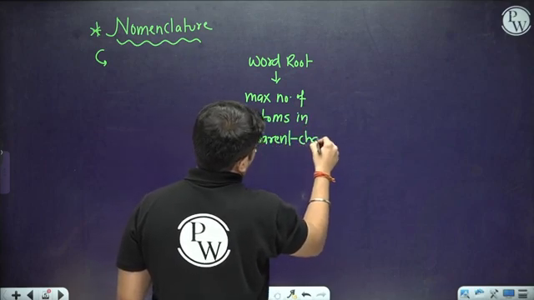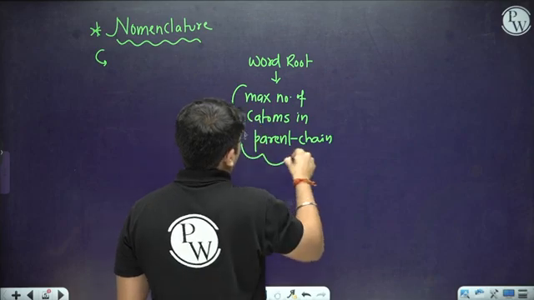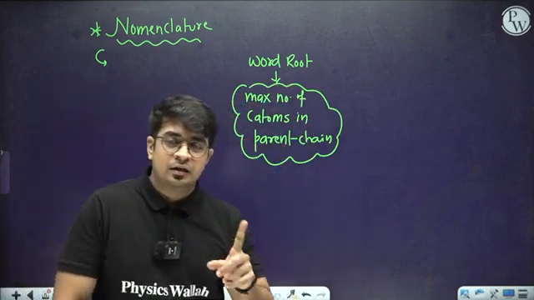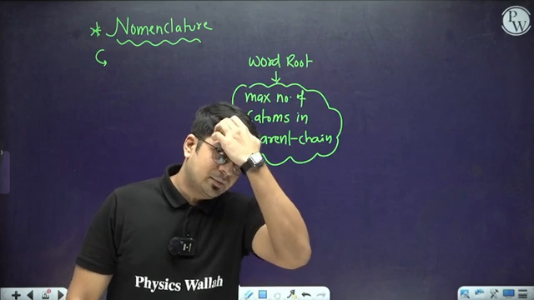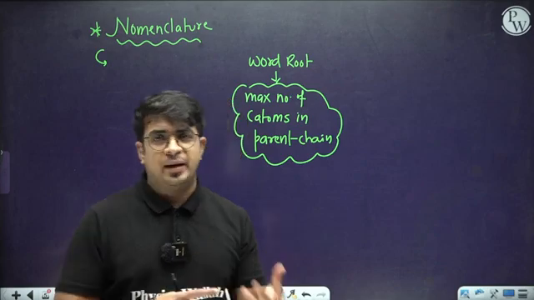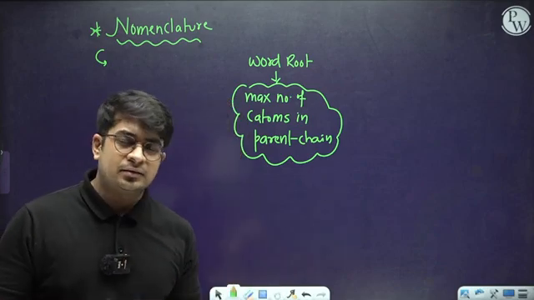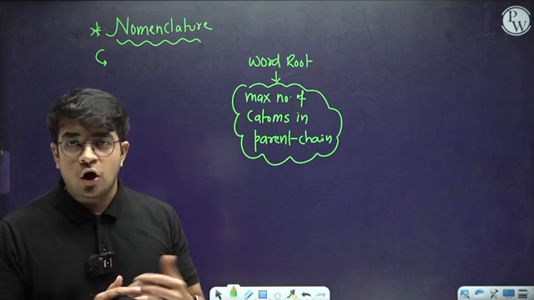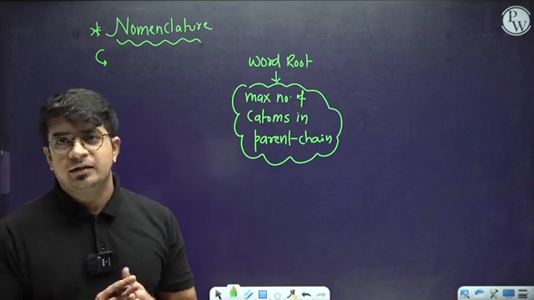If it is one carbon atom, it is meth. If 2, eth; 3, prop; 4, but; 5, pent; 6, hex; then hept, and then oct, non, then dec, just like that.